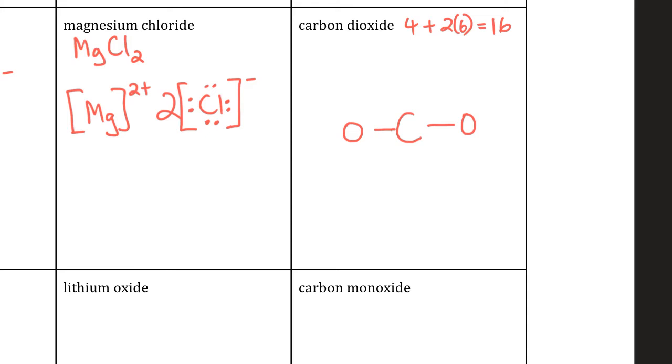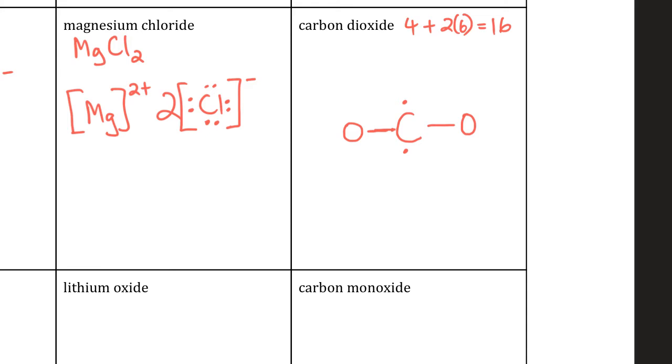Okay, and then let's take a look at whatever's left over in terms of electrons for carbon. Carbon has 4 valence electrons, so 1, 2, 3, 4.